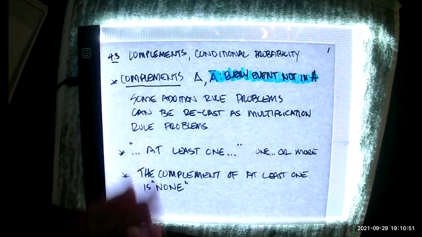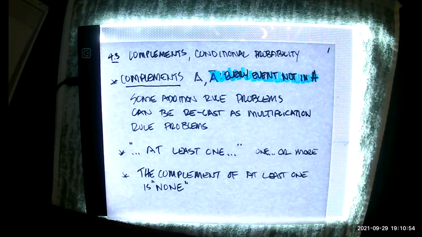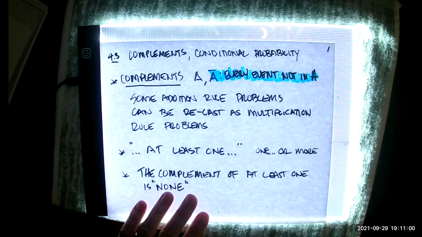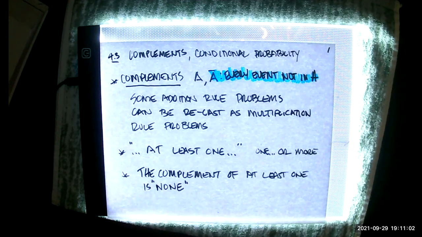And as I say, there are some addition rule problems that can be recast as multiplication rule problems. And this turns out to be exceedingly useful, and it makes a cumbersome problem much more easily manipulated and calculated.